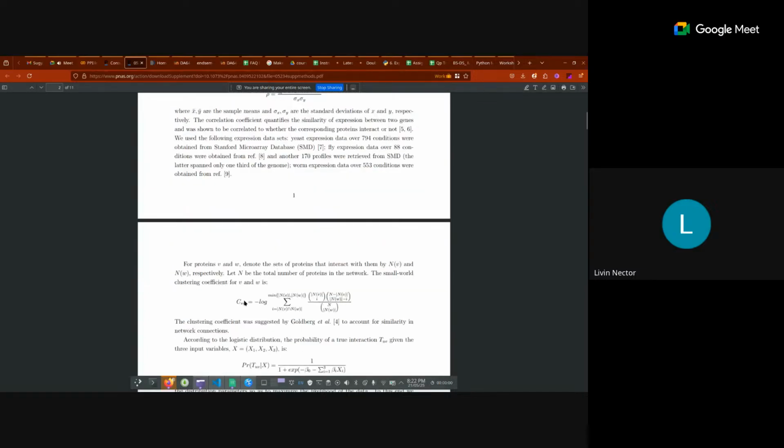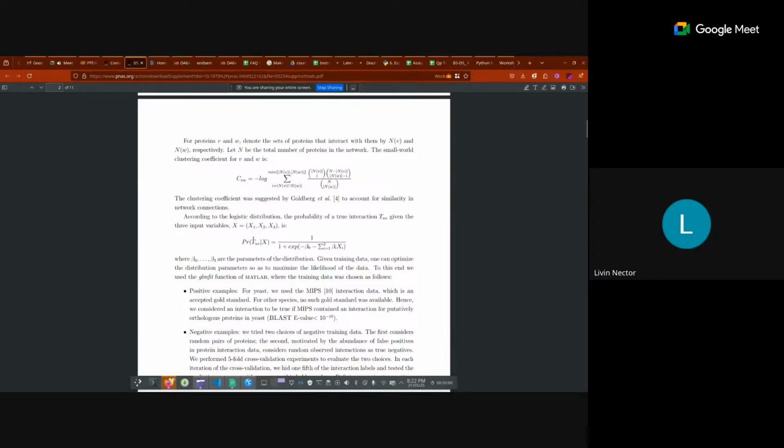Similarly, the variable that we consider is the interaction probability for that particular pair, given by the logistic model. These three features will be the input to the model, and using scikit-learn, once we prepare this set of x and y, the interaction probabilities that we measure, we can fit the model.